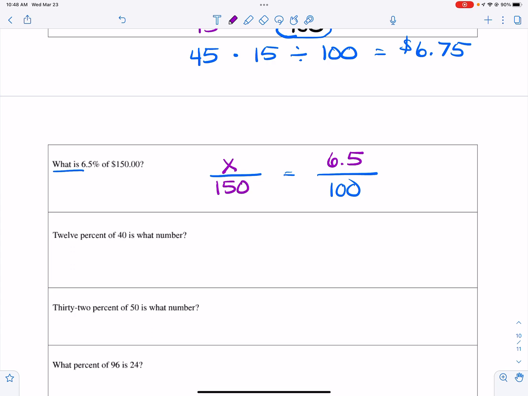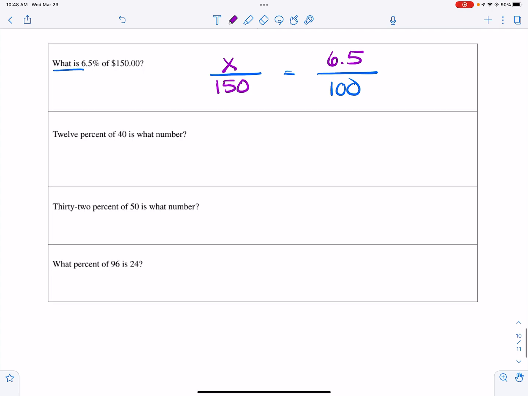So set it up, 150 times 6.5 divided by 100. And that equals $9.75, okay?